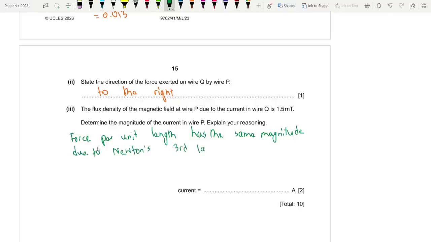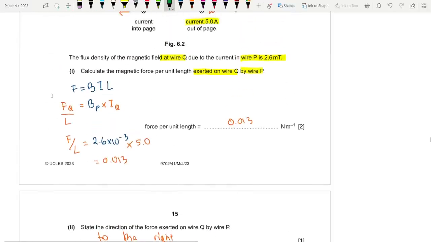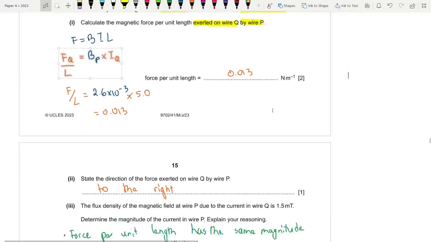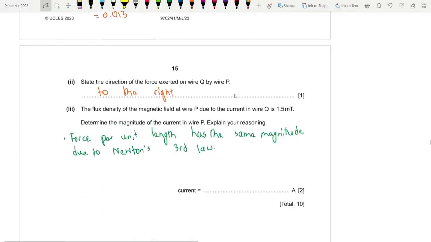Equal magnitude but opposite direction, okay? It's just that when we find the force per unit length of P, we are going to use BQ, the magnetic field strength of Q, but the current of P. So Fp by L is equal to BQ times IP.